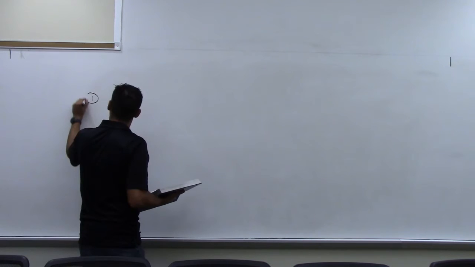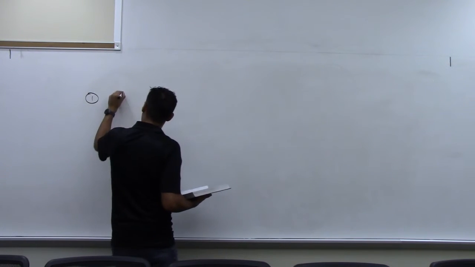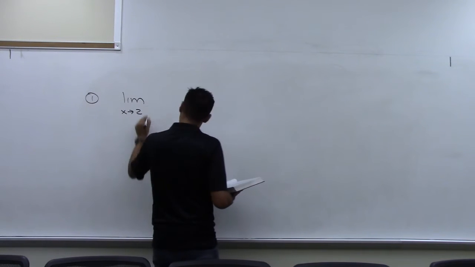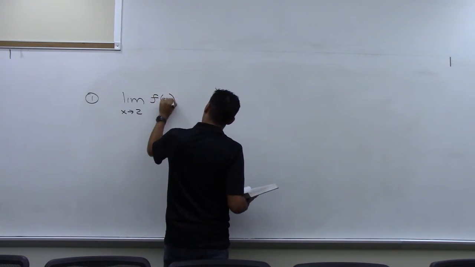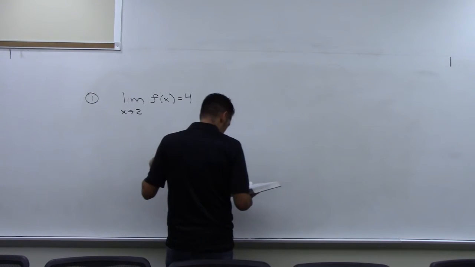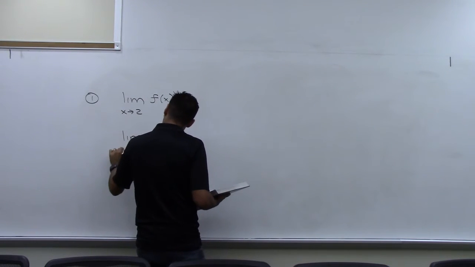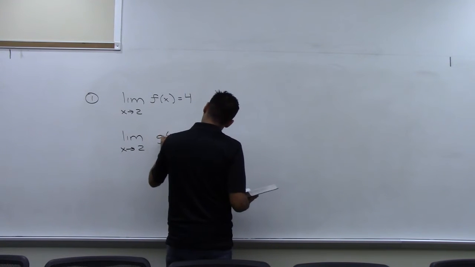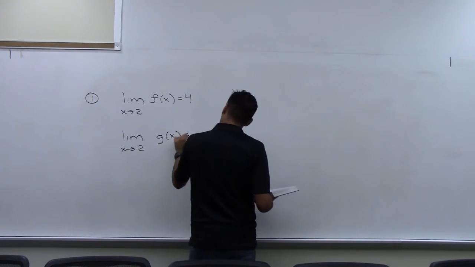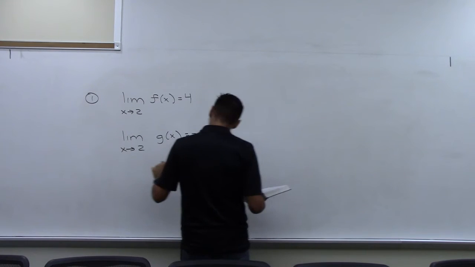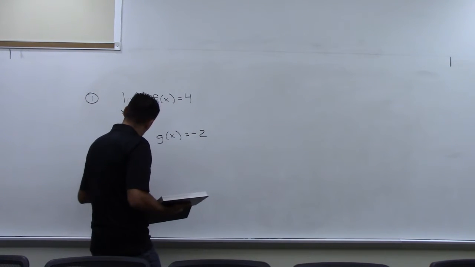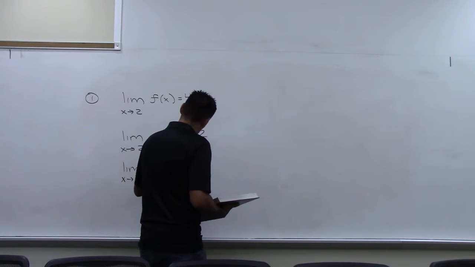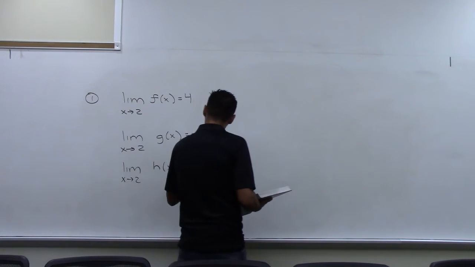It says, given that you have that the limit as x approaches 2 of f of x equals 4, you're also given the limit as x approaches 2 of g of x equals -2, and the limit as x approaches 2 of h of x equals 0.